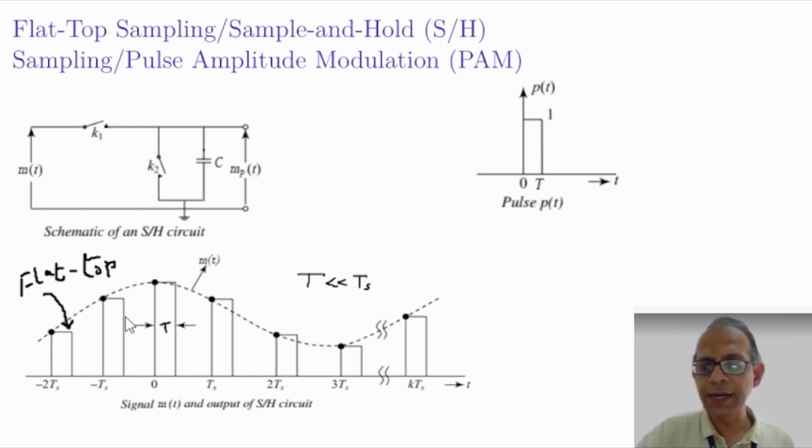Another way of looking at it is that we have a periodic pulse train which is modulated by the message amplitude at the sampling instance, and therefore it gives rise to a pulse train in which the pulse amplitudes are proportional to the message amplitude at those instants where the sampling is done, and that is the reason why it is also called pulse amplitude modulation or PAM.